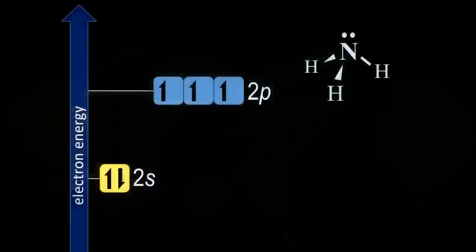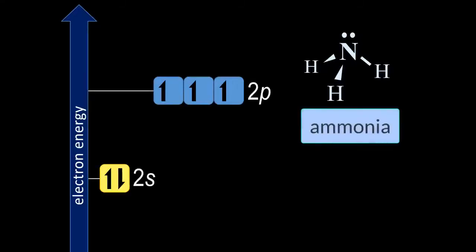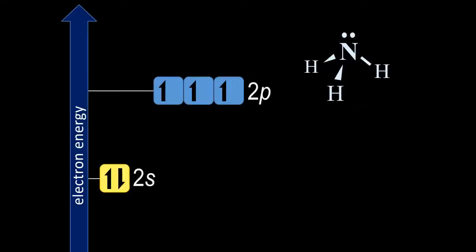In the remainder of the video, we will look at hybridization in nitrogen and oxygen using NH3, ammonia, as our model for nitrogen hybridization, and H2O, water, for our oxygen model. In NH3, nitrogen has 3 sigma bonds and a lone pair. So how does hybridization account for this?